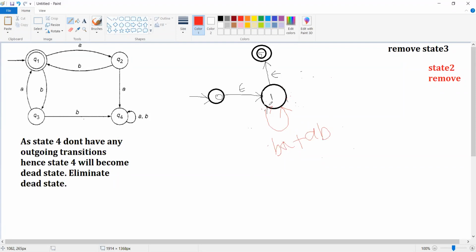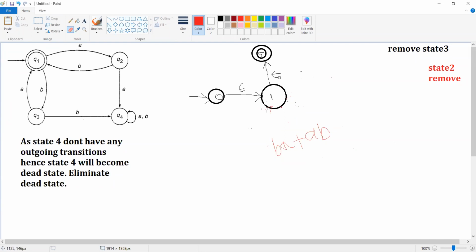Now please observe, as we have a looping term over here. This is my initial state and this is my final state. As we have a looping term, first we need to remove the looping term. When I remove the looping term, I need to multiply this looping term with every outgoing transition. What are the outgoing transitions we have from 1?